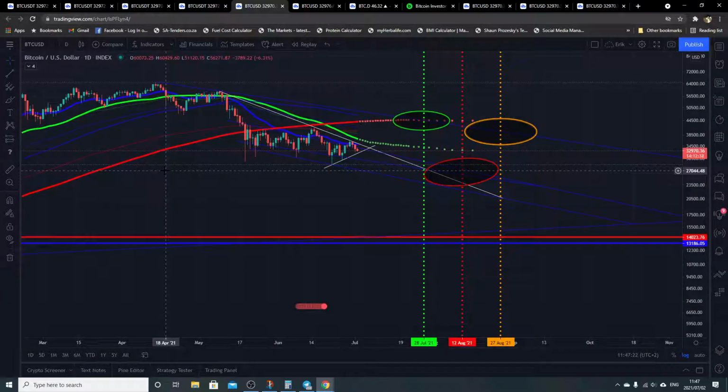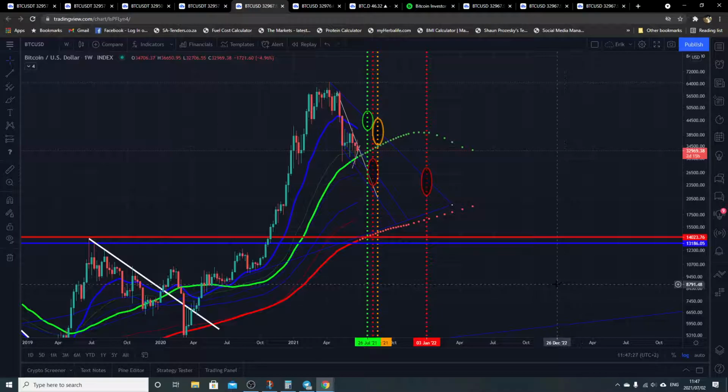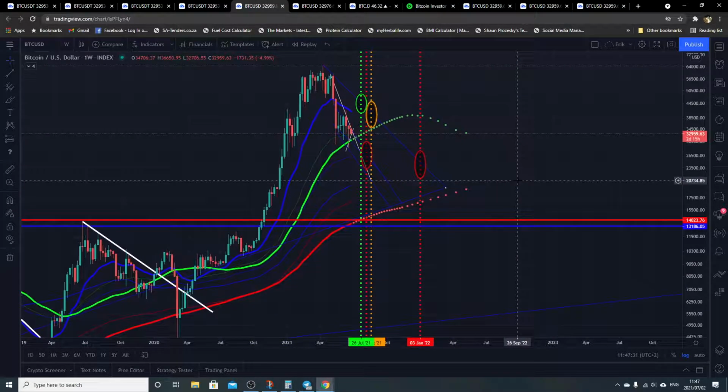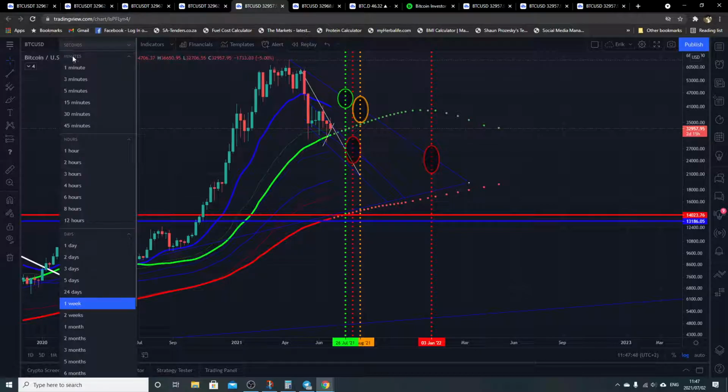So we need to get the weekly bearish, which is a serious bearish mark. We need to go below the 50 MA and the 200 MA, which takes us to a price level of 14. Okay, which is a possibility, guys. Never rule it out. Never ever rule it out.